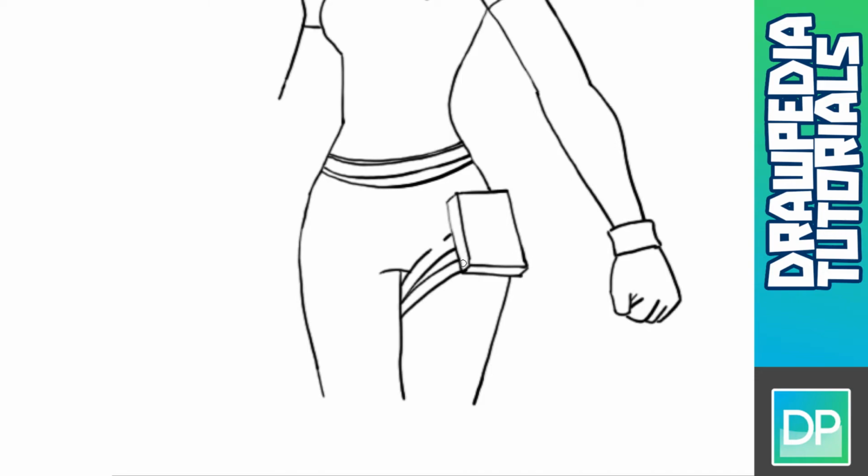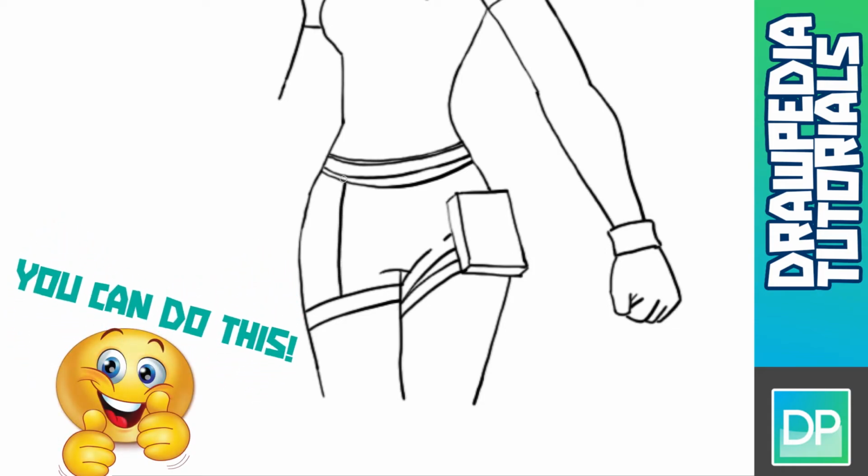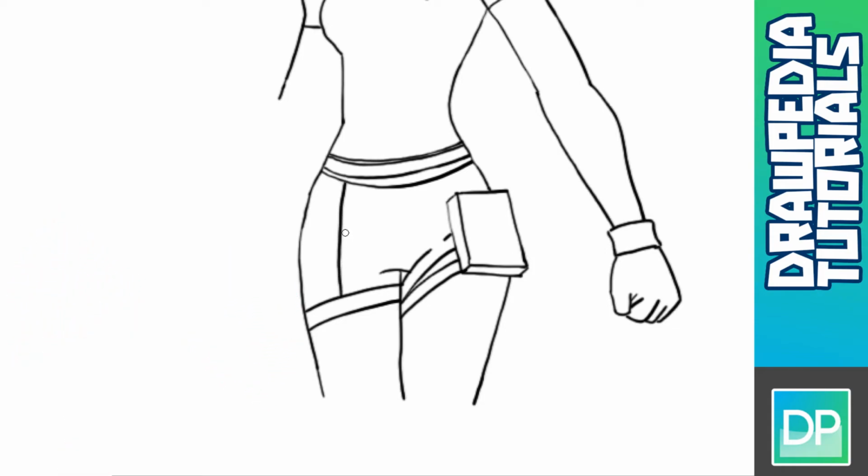And then on the left side, I'm gonna draw across a curved line as well, and another one below that. And then above, in the middle of this line here, I'm gonna draw a curved line all the way to that point right there. And then I'm gonna draw another one at the side.